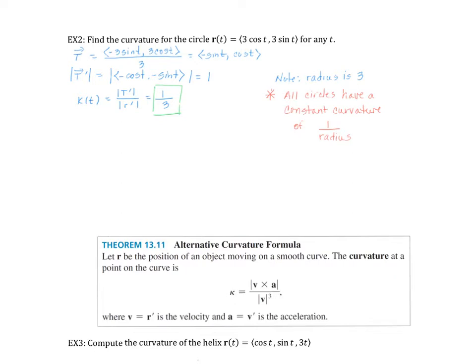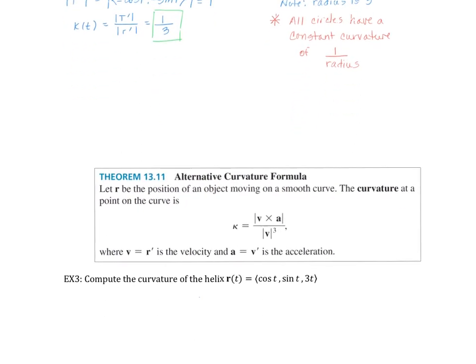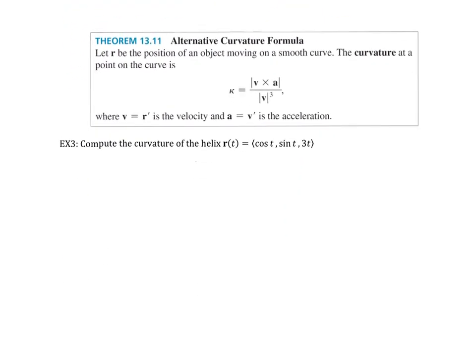There are alternative formulas. If you look into this next box, you see that we can also compute our curvature by looking at the magnitude of the cross product of the velocity with the acceleration vector over the magnitude of the velocity vector cubed.